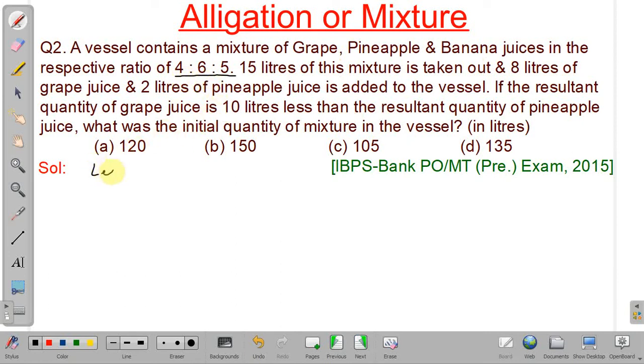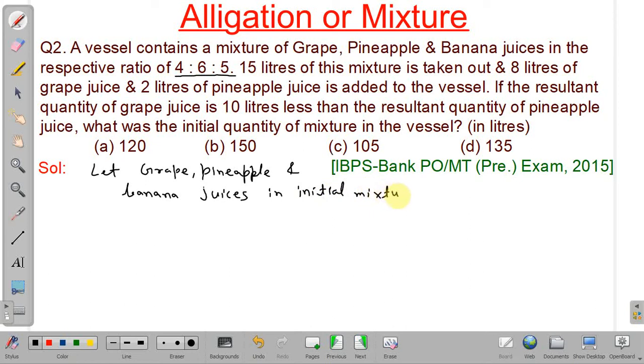So let grape, pineapple and banana juices in the initial mixture be 4x, 6x and 5x respectively. Okay, all are in liters.